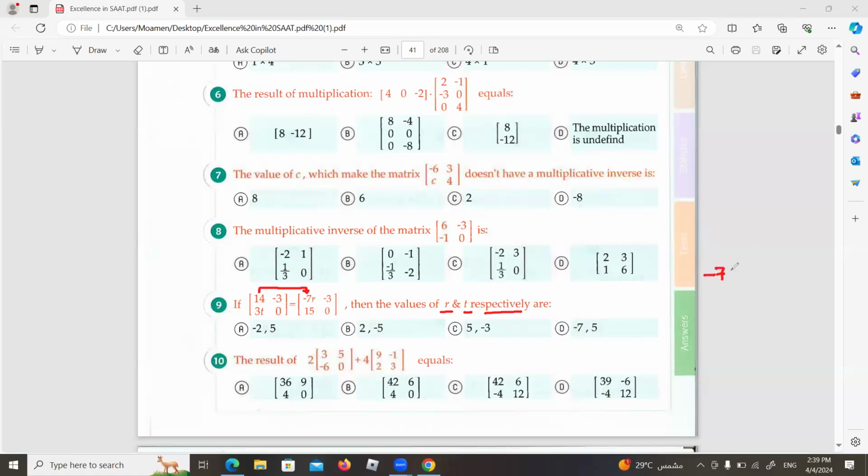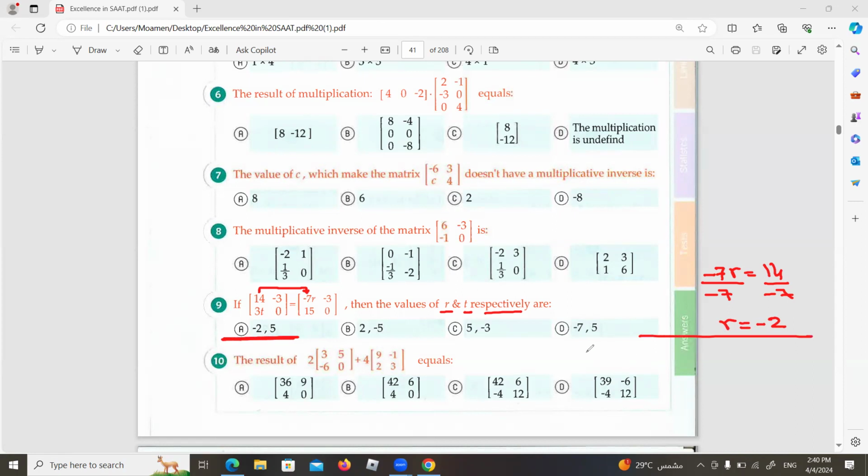So negative 7R must be equal to 14, divided by negative 7 on both sides. So R equals negative 2.